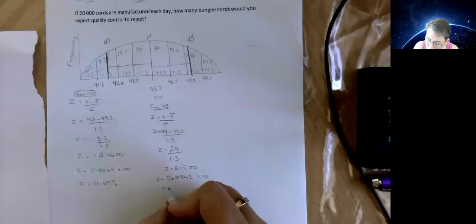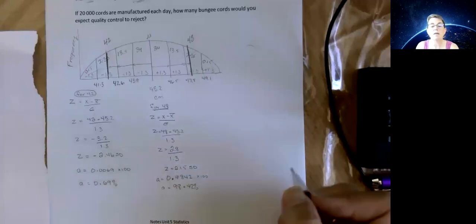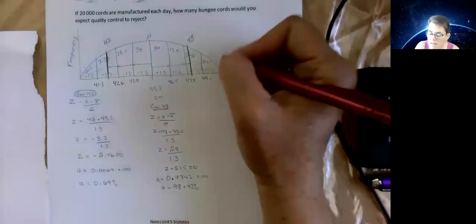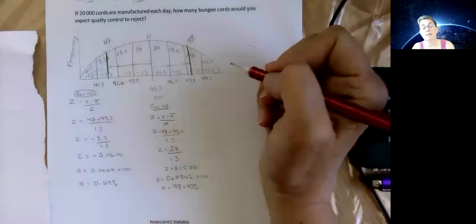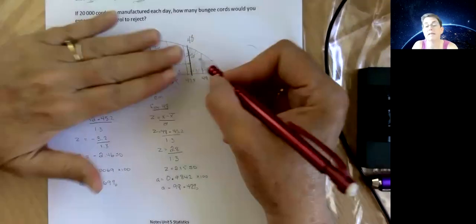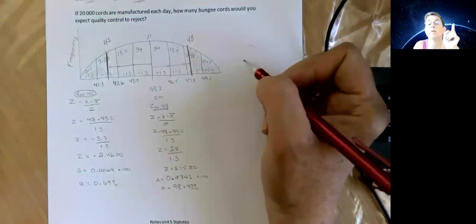So A is equal to 98.42%. And we said it was this little area here. I'm thinking you're all clever enough to realize that this part over here that I colored is not 98% of the graph. We did not screw up.